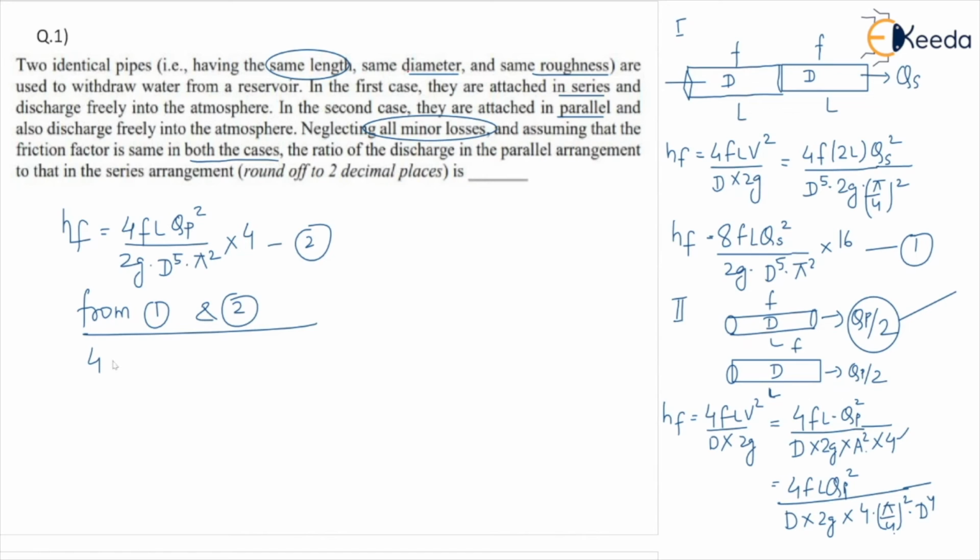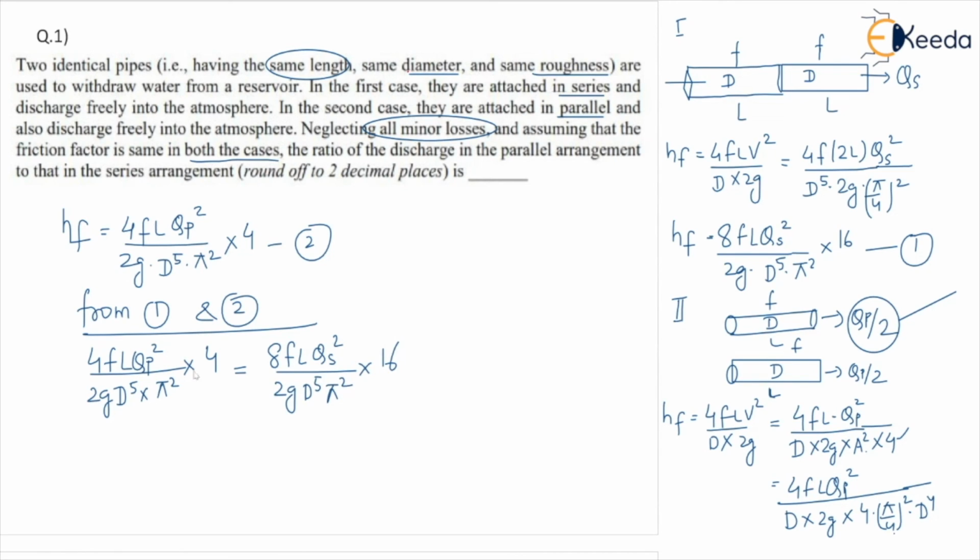Let us take QP first, because we have to find the ratio of discharge in parallel to series, right? Parallel to series. So 4FL QP square by 2G D to the power 5 into pi square into 4, already there in the numerator, equal to 8FL QS square by 2G D to the power 5 pi square into 16.